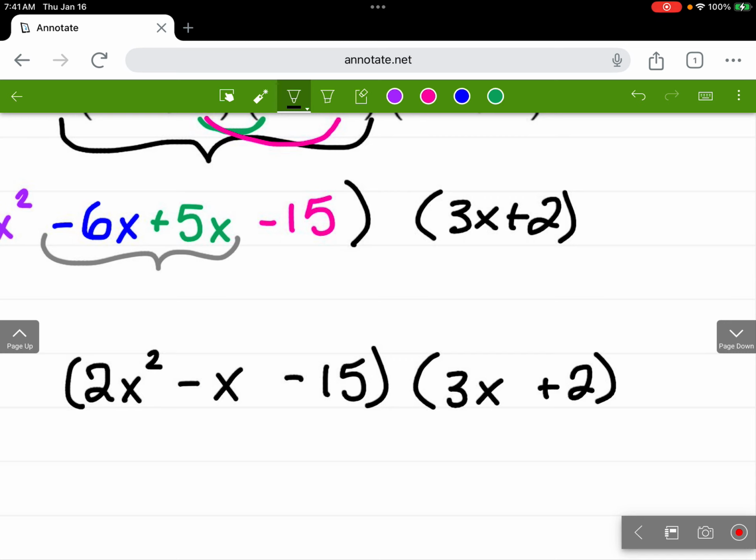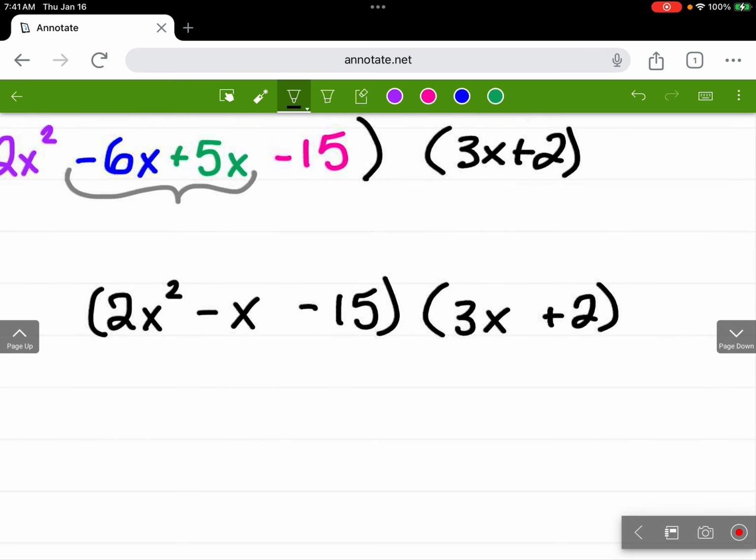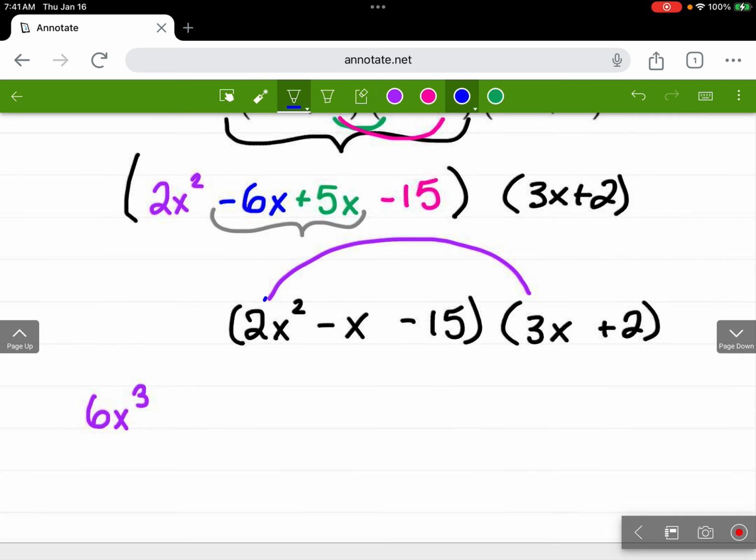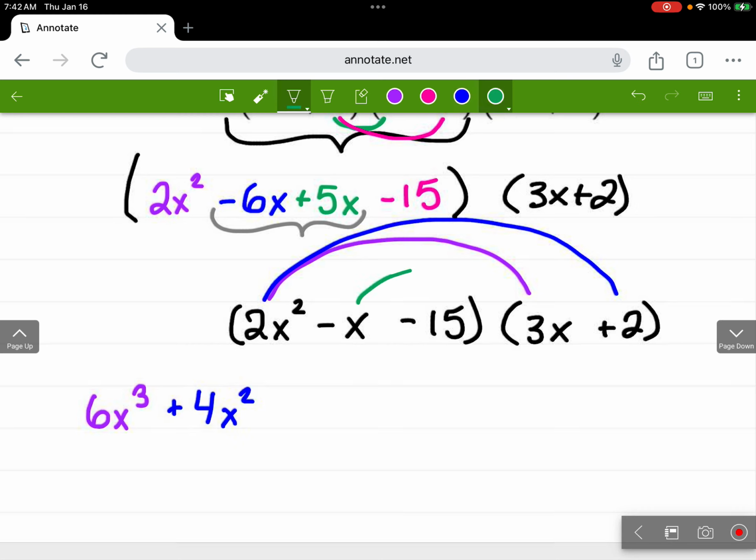So on this one, we're back into exactly what we were on the last one, where we have our 3 times 2, so it's going to have our full rainbow on the colors. So we're going to take our 2x squared times 3x to get 6x cubed. We're going to take our 2x squared times 2 to get 4x squared. We're going to take our minus x times 3x to get minus 3x squared.